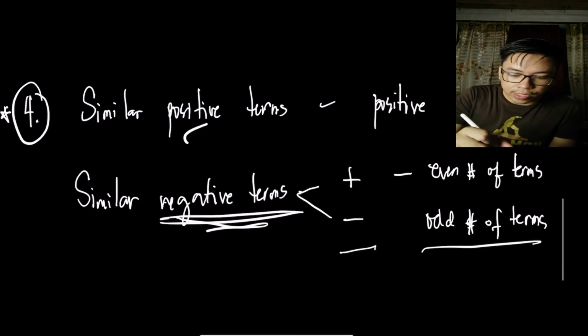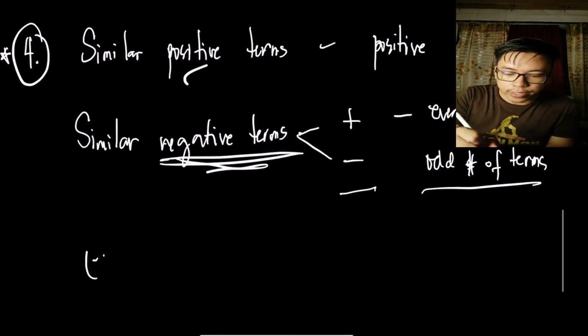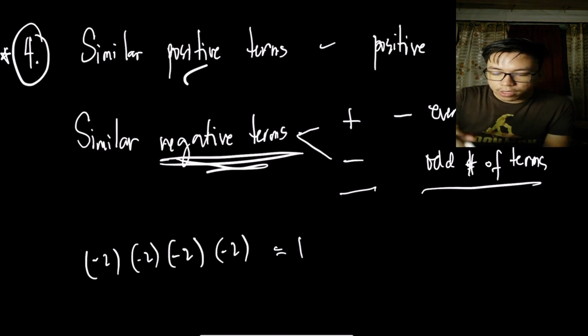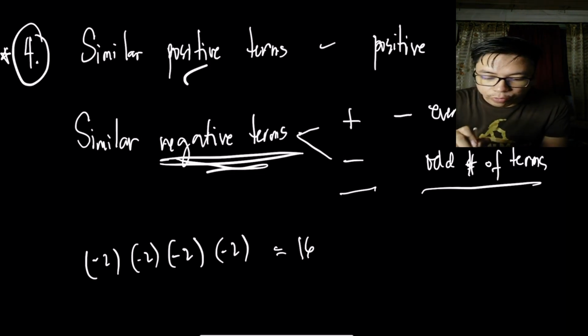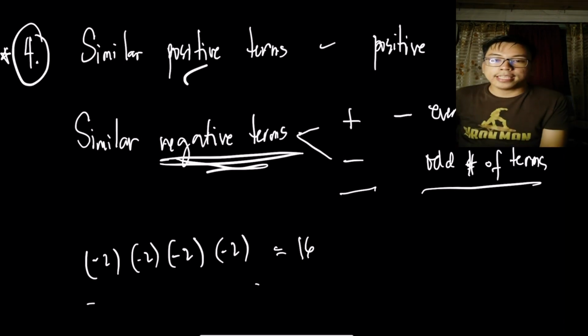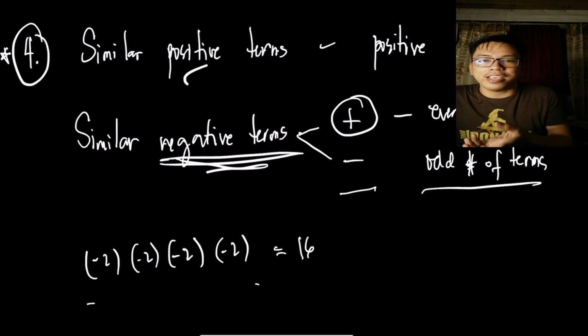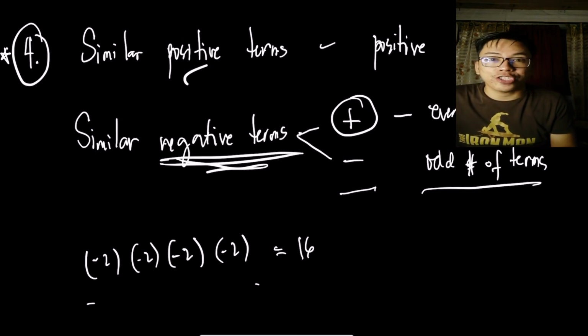Okay, so that means to say if you have negative 2, negative 2, negative 2, negative 2, so that's equal to 16. That's positive in the sense that they are similar negative terms and even number of terms because there are 4 terms. So automatically that's positive. That's just a technique or an understanding of how to add or multiply mathematical expressions.